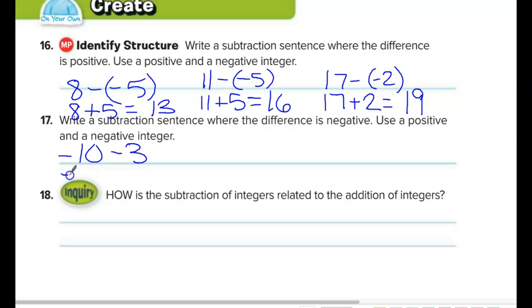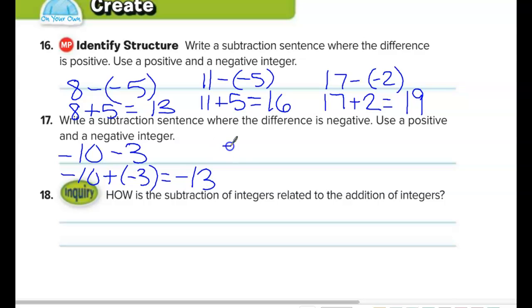Okay, so I take -10, change subtraction to addition. The opposite of +3 is -3. So if I have 10 negatives and I add 3 more negatives, how many negatives do I have? 13. So that worked. Cool.